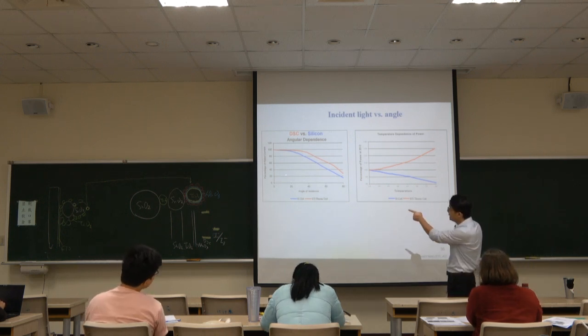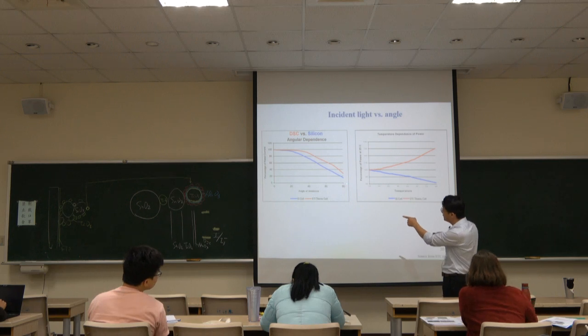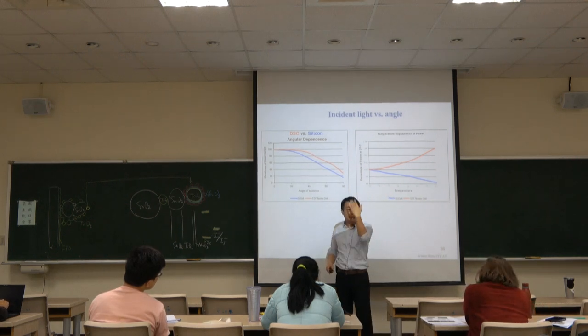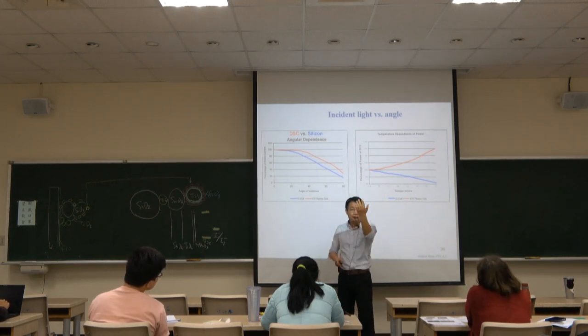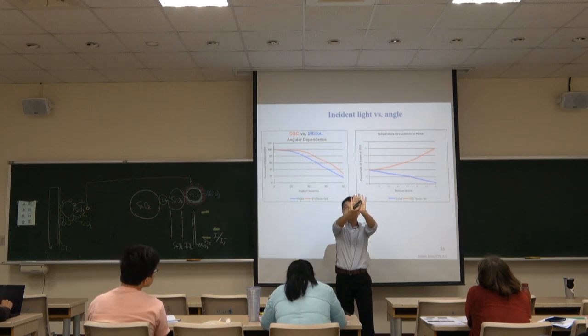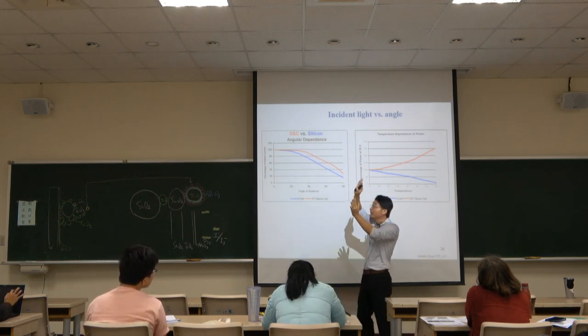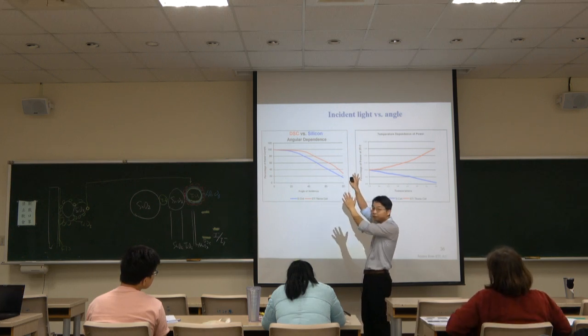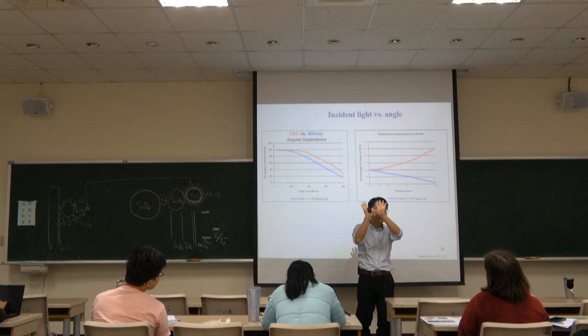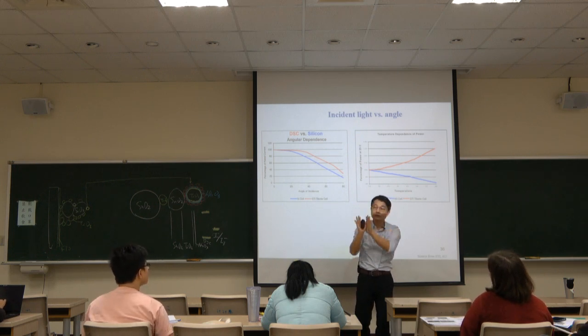And this is also the output versus the angle. For example, this is the solar light. I face the solar light, so I get 100% output. But once the solar light tilts the angle, with the silicon solar cell I have to apply a tracer. You know the tracer?